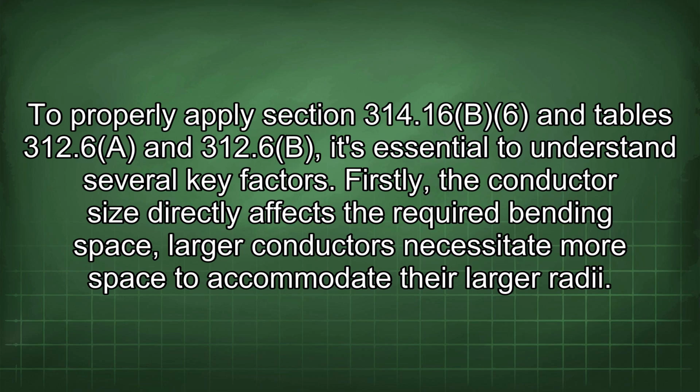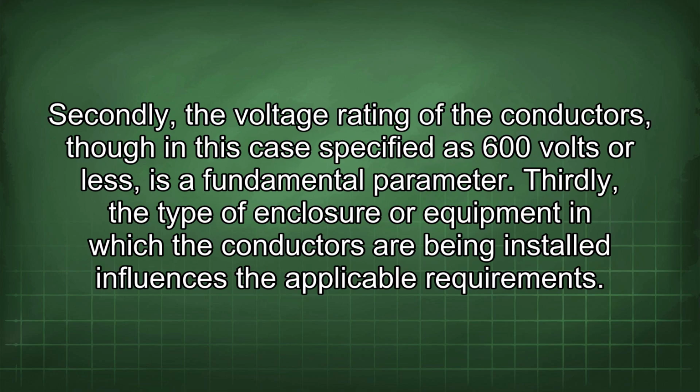Firstly, the conductor size directly affects the required bending space. Larger conductors necessitate more space to accommodate their larger radii. Secondly, the voltage rating of the conductors, though in this case specified as 600 volts or less, is a fundamental parameter. Thirdly, the type of enclosure or equipment in which the conductors are being installed influences the applicable requirements.